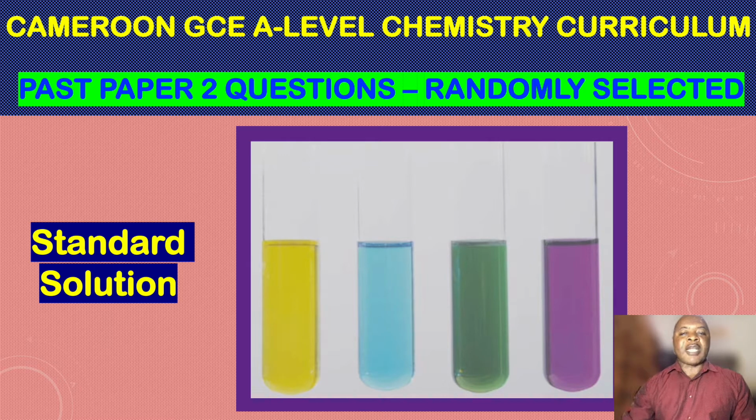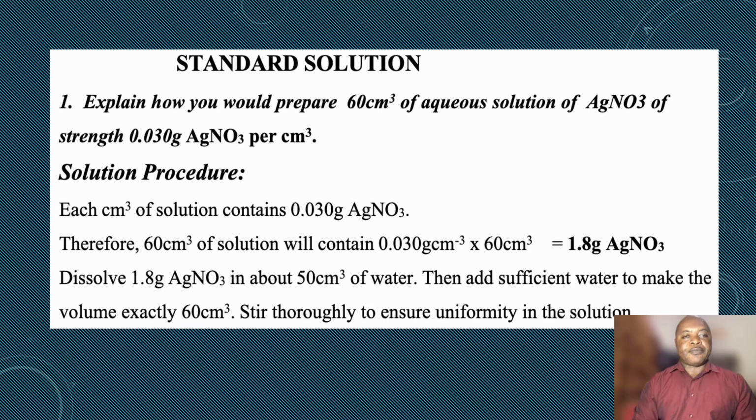So we'll be starting with question number one. Explain how you would prepare 60 cm cube of aqueous solution of silver nitrate of strength 0.030 gram silver nitrate per cm cube.